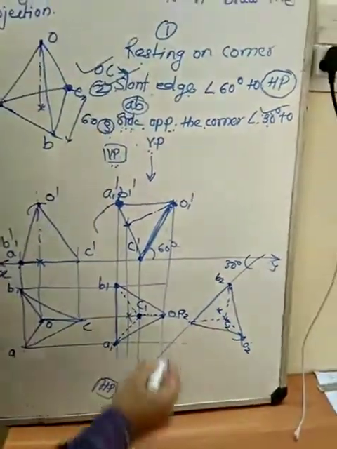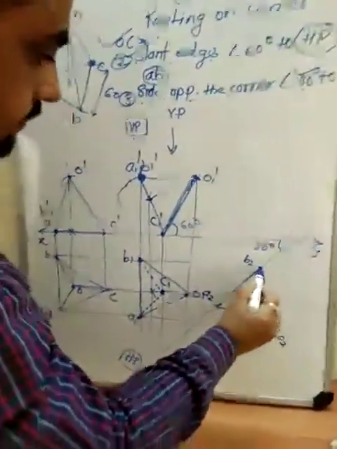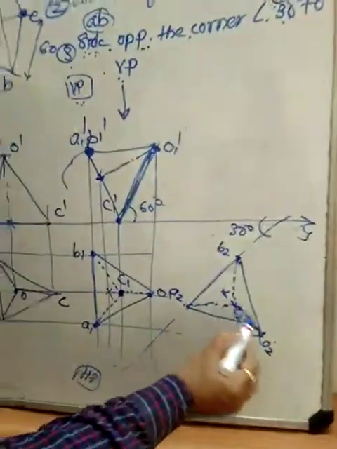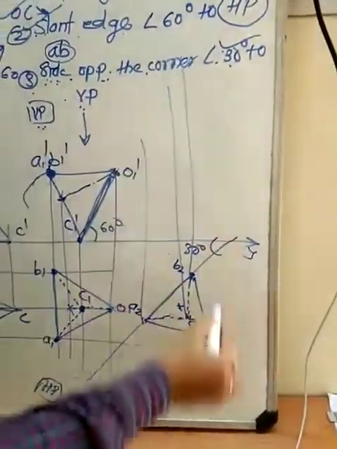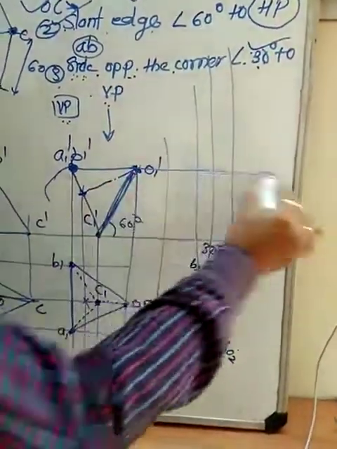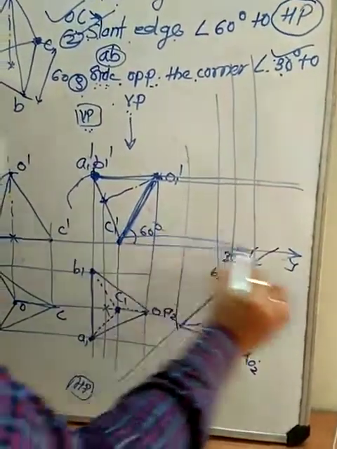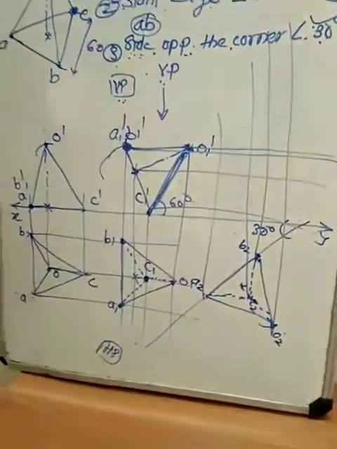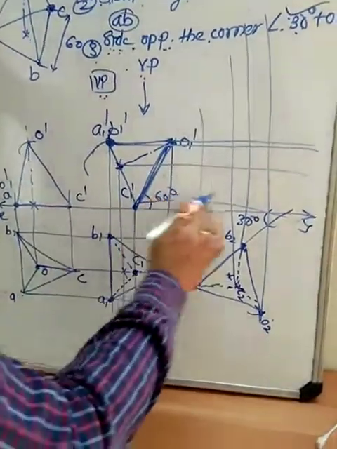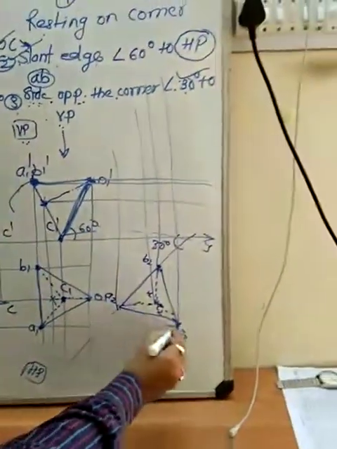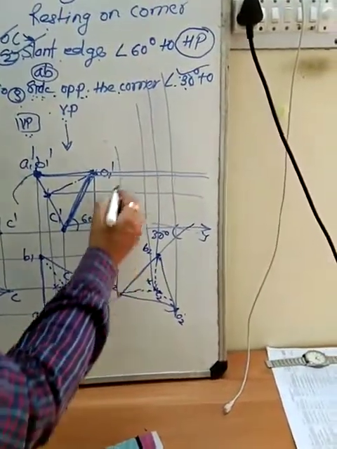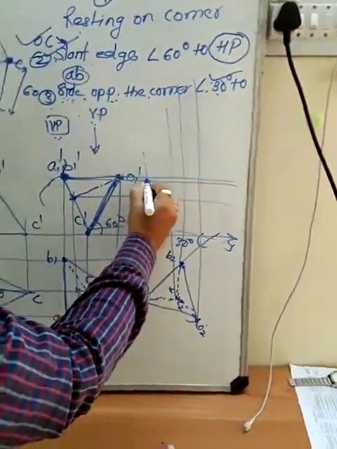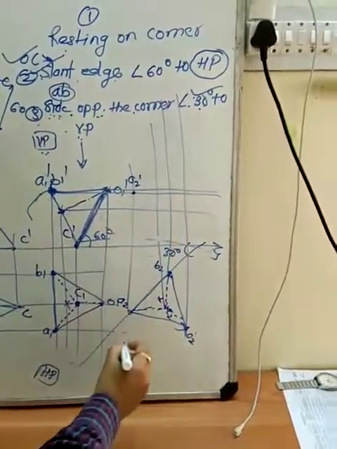And axis. Now you have to project the diagonal. Now starting from A, this is your A2 dash.